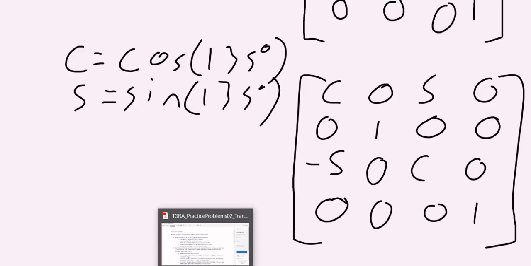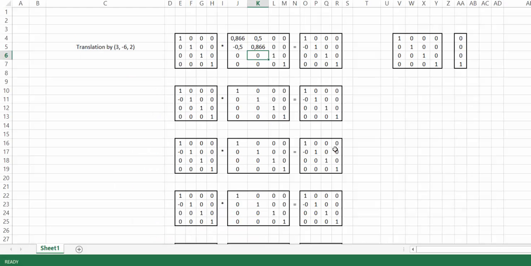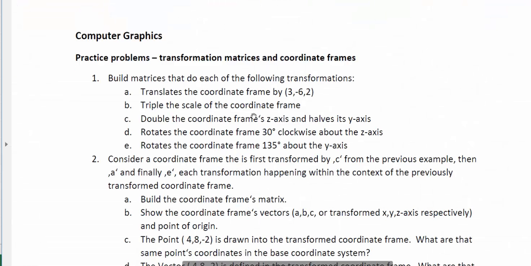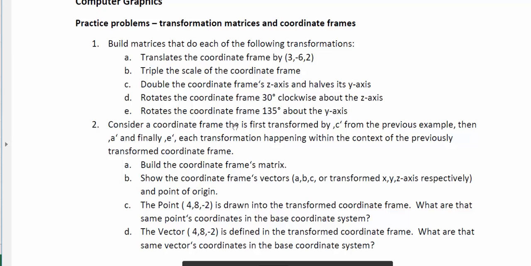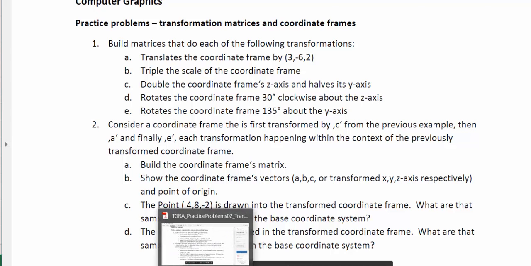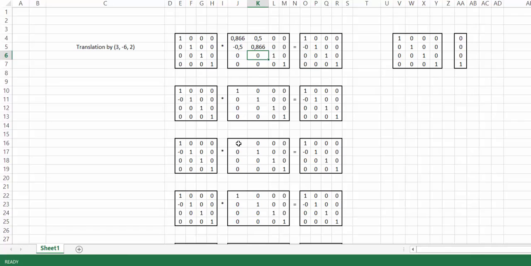And if we set it up in Excel here again, let's just see, first transformed by C, then by A, and finally by E. Let's just go into the E matrix here, no, third matrix here, and set this up. So this should equal cosine of 135 degrees times pi divided by 180.